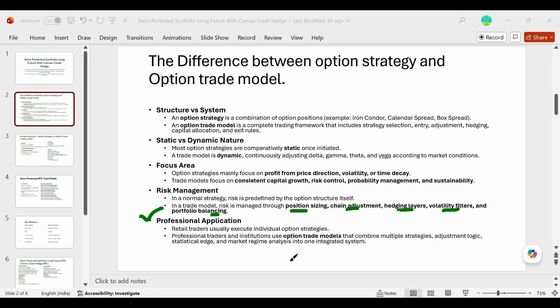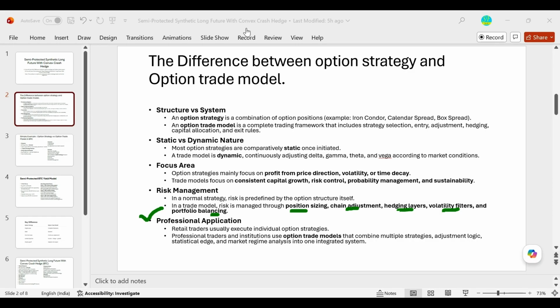Retail traders usually execute an individual option strategy, whereas professional or institutional traders follow the option trade model, which is a combination of strategies, because you never know how the market is going to work. These are the differences between an option strategy and a trade model.